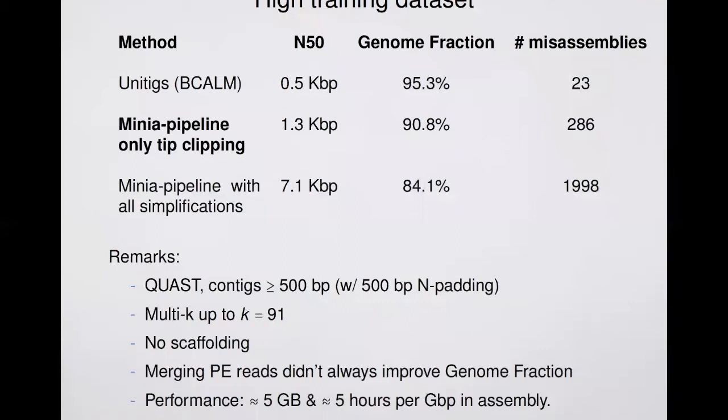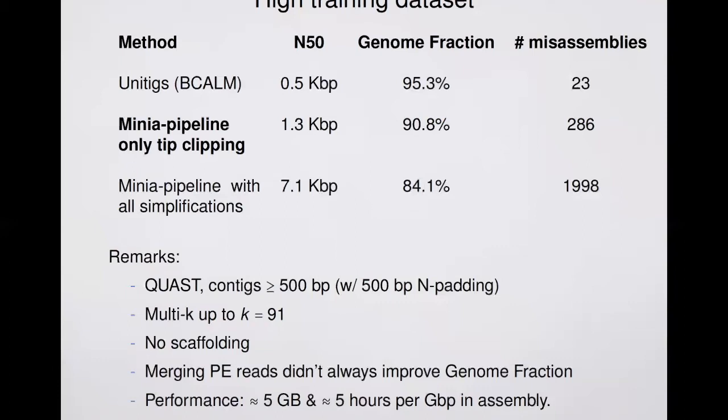It was just Minia pipeline with tip clipping. So it's one step above Unitigs, which has lower genome fraction and more misassemblies, but higher contiguity. And most assemblers performed all simplifications, so look a little bit more like the third line. And I would note that those results are done with end padding. So by considering all contigs in the assembly in order to have the highest genome fraction as possible.